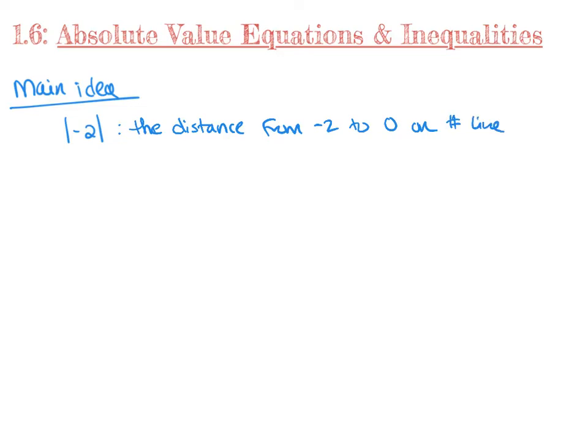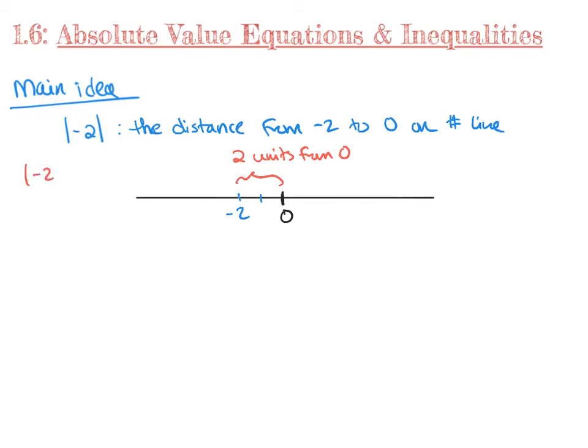So when I graph that on the number line, here's -2. -2 is 2 units from 0, which is one justification for why the absolute value of -2 is just +2, because it is 2 units from 0.